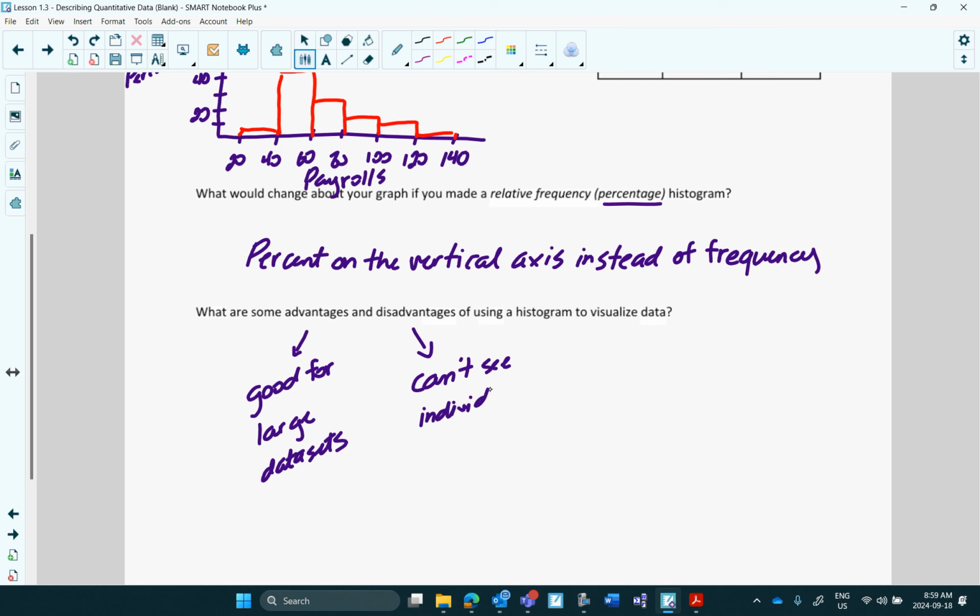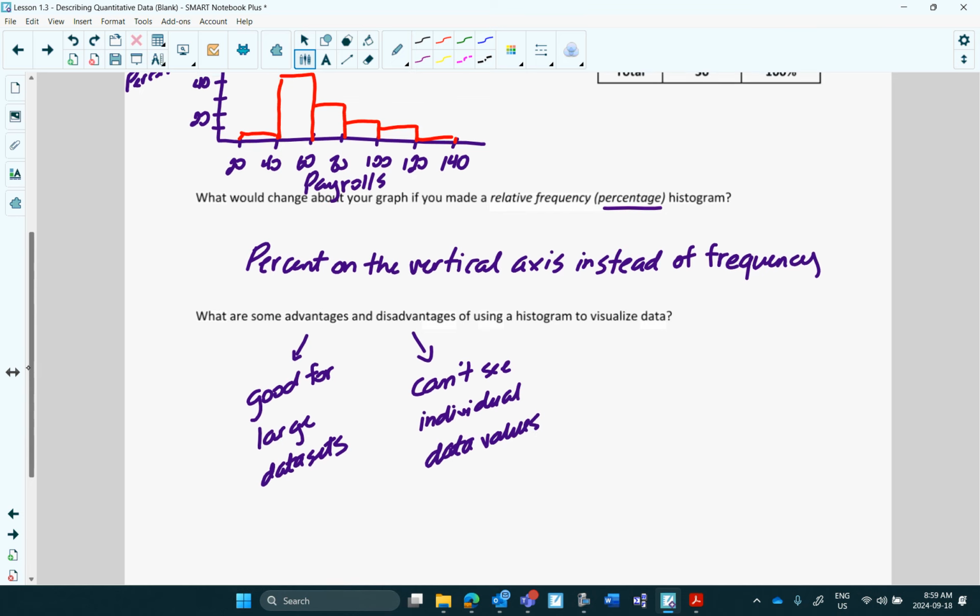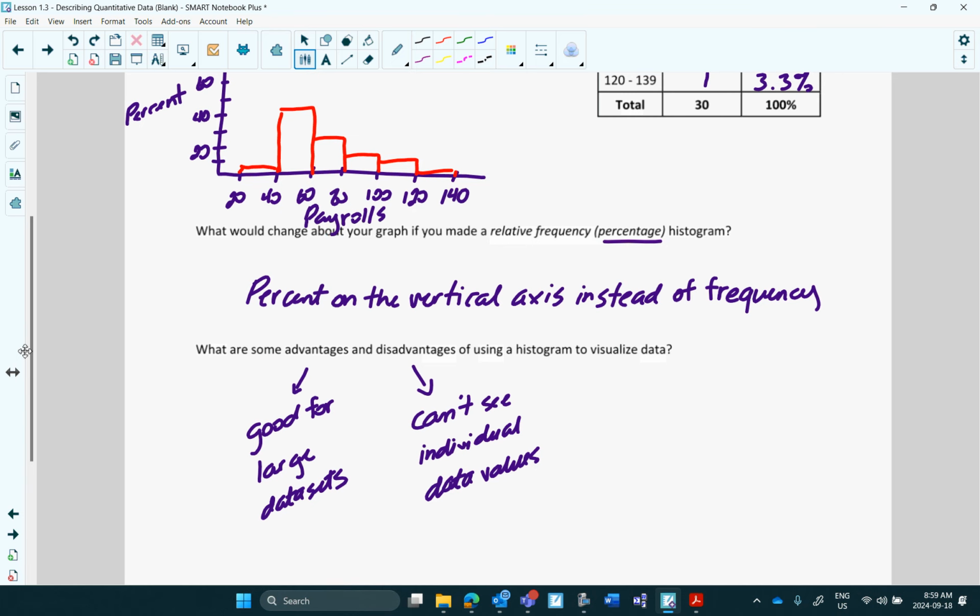Individual data values. So like if I look at the second bar, I know that 40% of them are between 40 and 60, but for all I know, all of those could be around 40. Maybe they're around 50. Maybe they're spread out. I don't know. I can't see the individual data values.